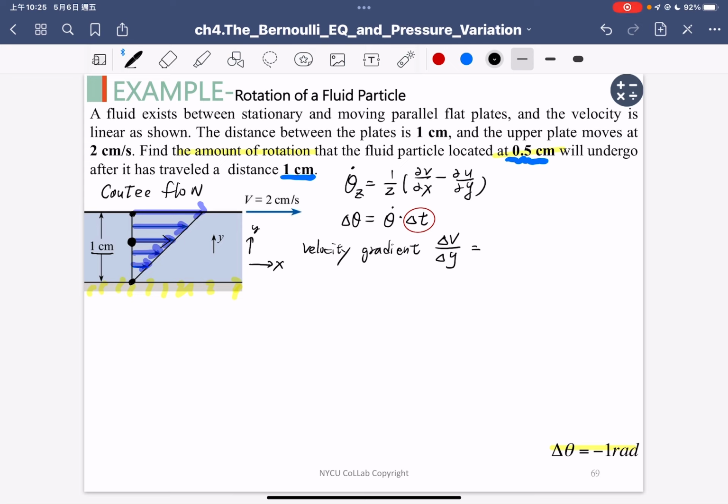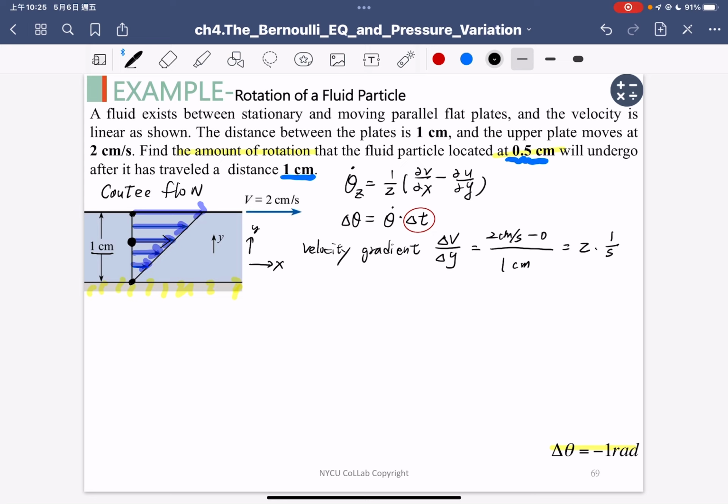We know that delta v is 2 centimeters per second minus 0, from the bottom to the upper. And we know that delta y is 1 centimeter. So the velocity gradient is equal to 2, and the dimension is 1 over second. Okay, this is the velocity gradient along the y-axis.